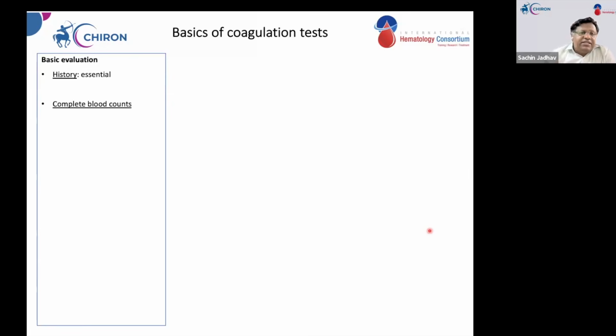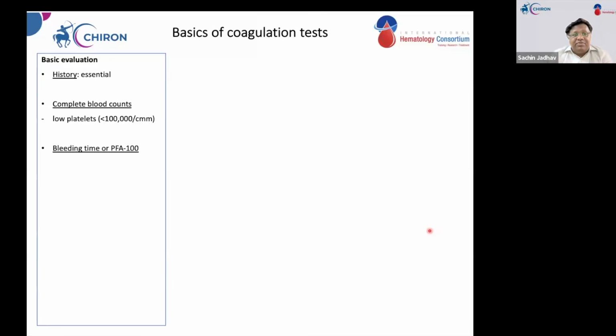The second coagulation test is what is called a complete blood count, where we look at hemoglobin, the RBC count, RBC indices, WBC, WBC differential, and the platelet count. So that's the second coagulation test. In this, if you see platelets less than 100,000 or 1 lakh per cubic millimeter, then that's significant, and we evaluate those patients further.